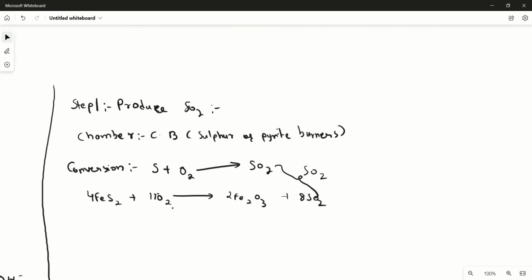Okay, let's go with step 2. What's the second step? It is the contact tower, the catalytic oxidation. Otherwise, it's just purification. The chamber is chamber I, or the contact tower.